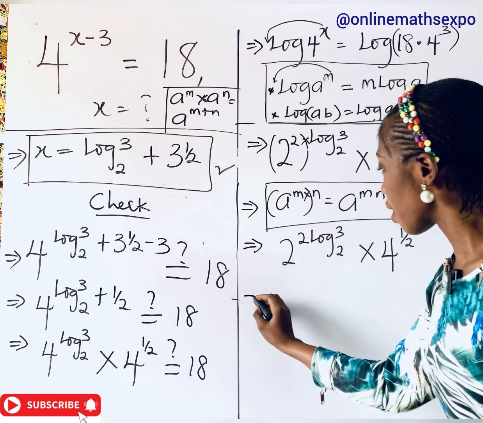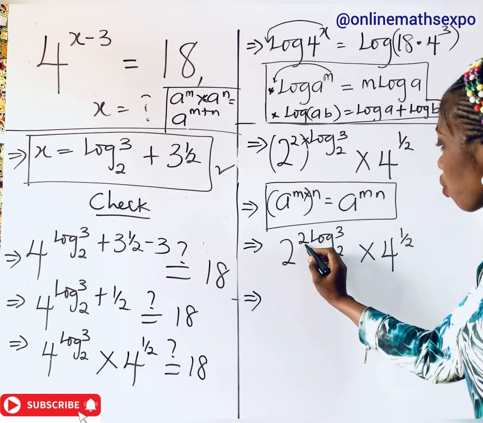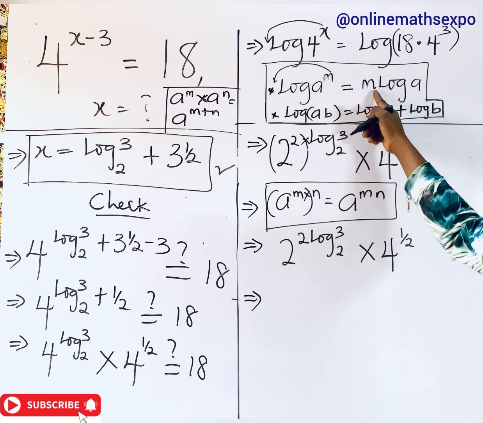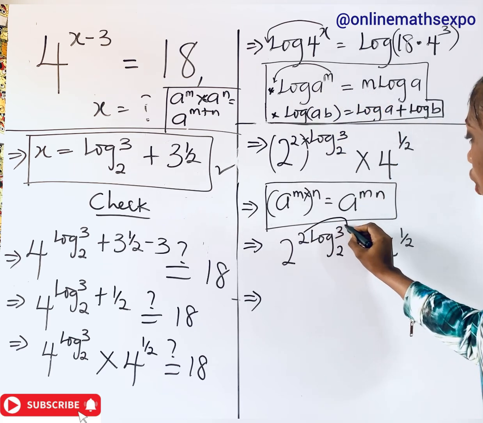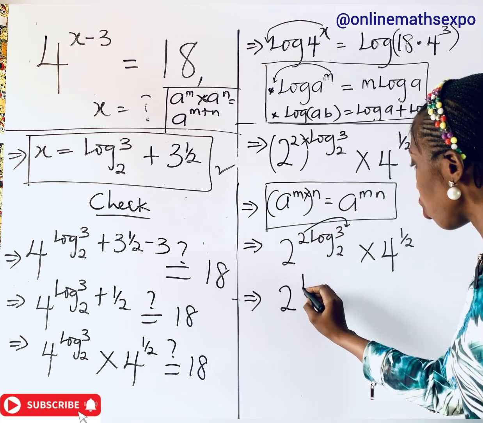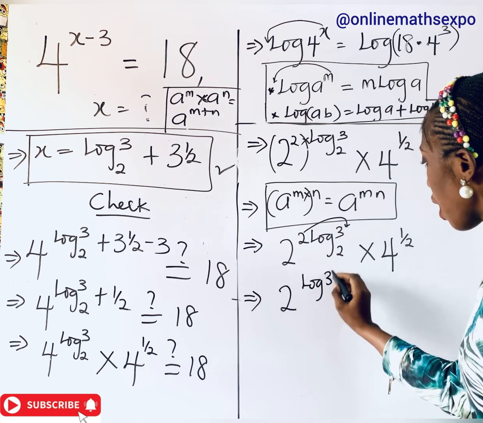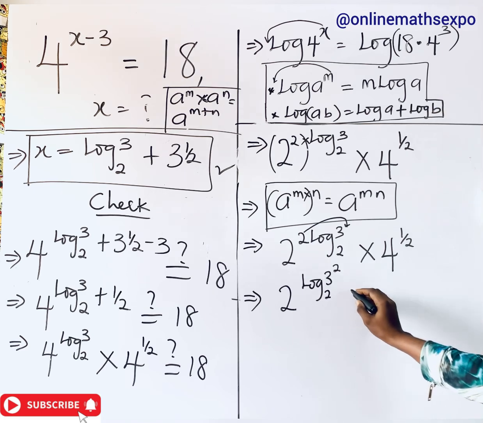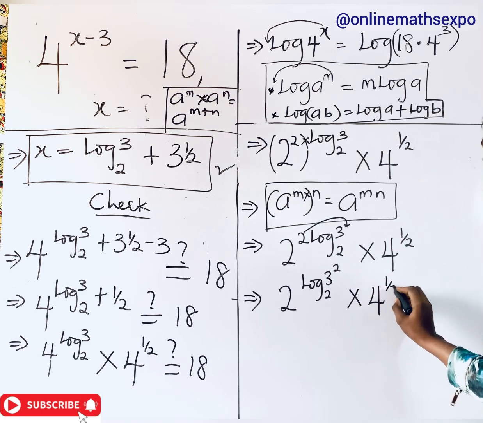According to this rule, this 2 will now become the power of the 3 inside the log. Did you see it? So it gives us 2 raised to log of 3 squared base 2, being multiplied by 4 raised to the power half.